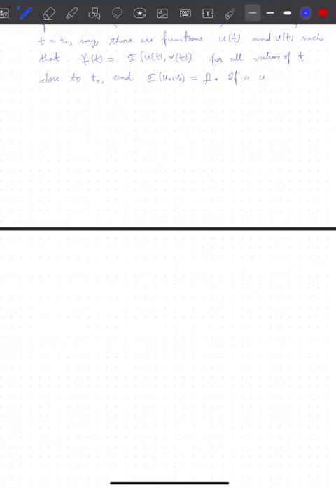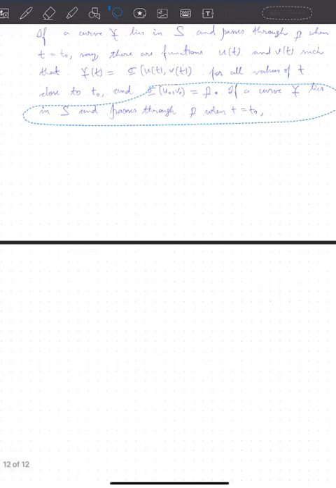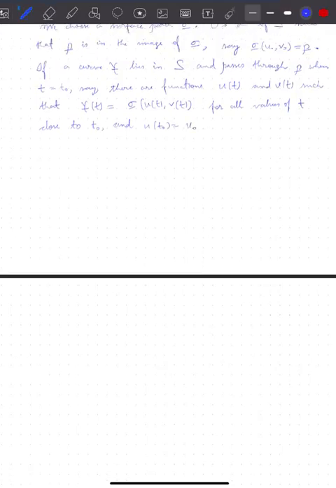Now, if a curve gamma vector lies in S and passes through P vector when t is equal to t naught, for all values close to t naught, then u(t naught) is equal to u naught and v(t naught) is equal to v naught.